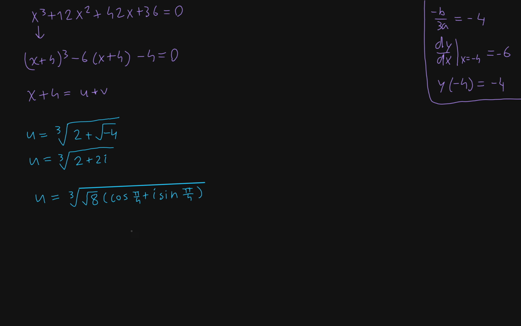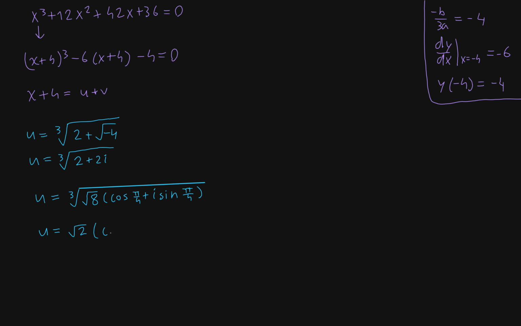Now, there's a reason why I did a video on de Moivre's theorem before, and some other stuff on complex numbers in general. Well, we can use de Moivre's theorem here. It's basically to the power of 1 over 3, and simplify this polar form. We're going to get u is equal to, so the cube root of root 8, that's just going to be root 2.